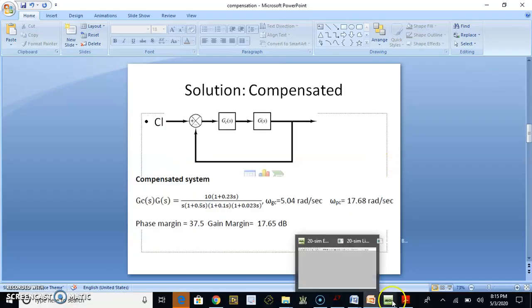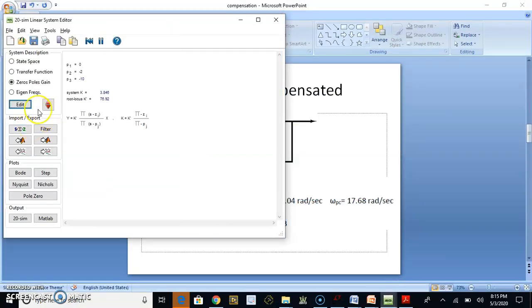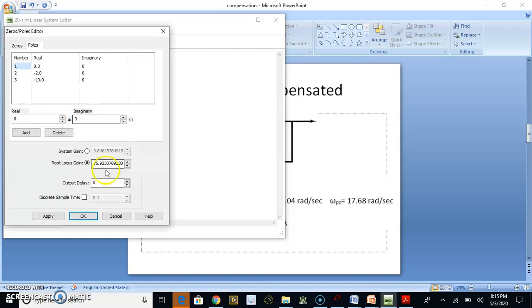So let me take this 20-sim simulator. Let us try to have the poles and zeros. If you can see, there is a pole at 0, a pole at -2, and a pole at -10. Let us also edit this transfer function.